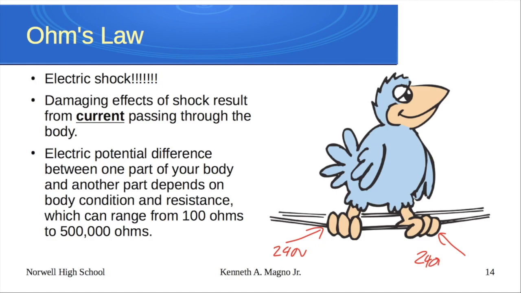So if there's no change in electric potential, there's no current that can flow through him. The current would just rather keep on going through the wire, not through the bird. But if all of a sudden that poor bird was to step on the actual pole and still have one claw on the wire, then he's got a path to the ground because the pole's probably at a lower electrical potential, and zap, he could get an electrical shock.